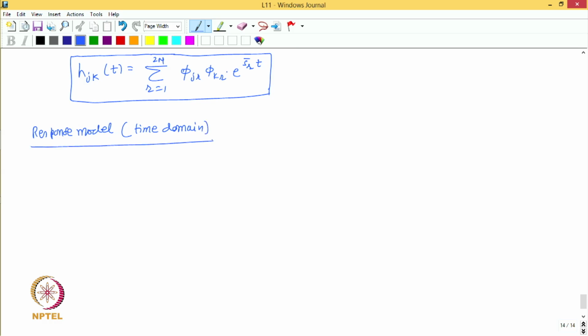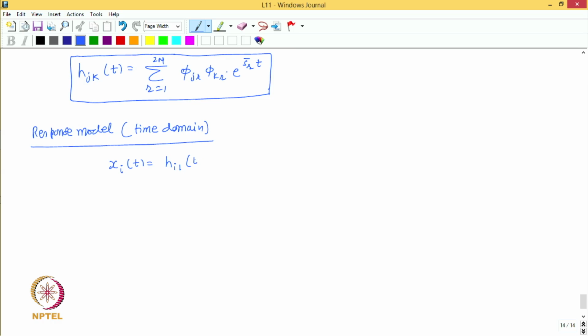So, if there are forces acting at all degrees of freedom, and if I am interested to know the response, let us say at the ith degree of freedom, then I can determine that response using the impulse responses corresponding to different degrees of freedom.